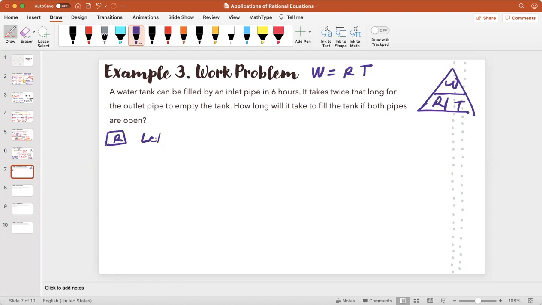Let x be the time to fill the tank if both are open. Do you see the scenario here?